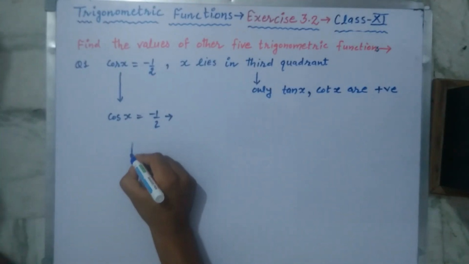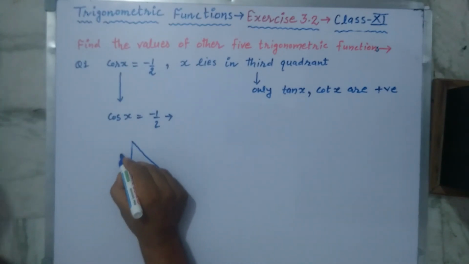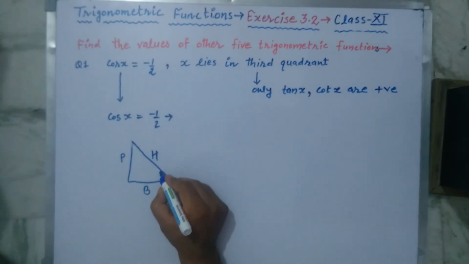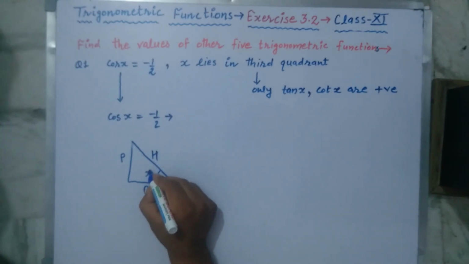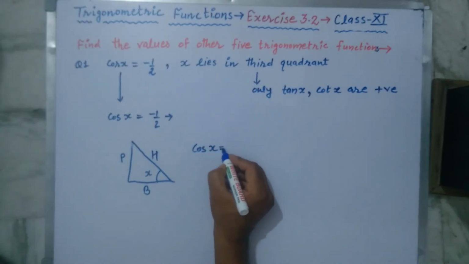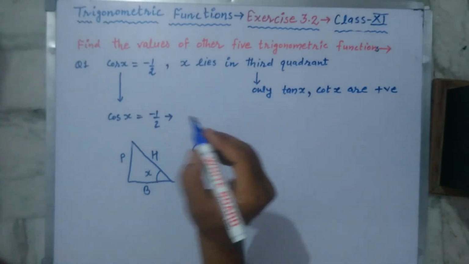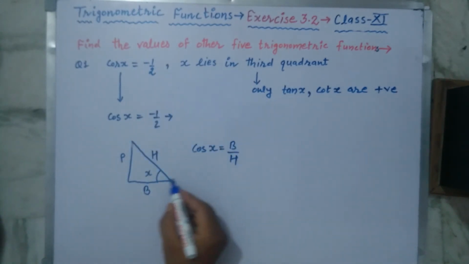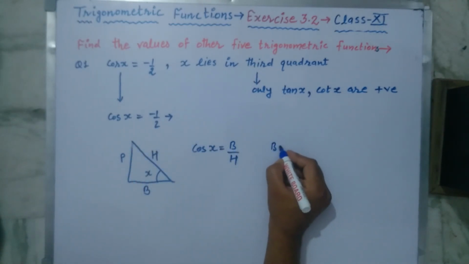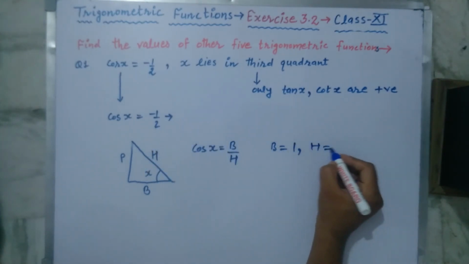In a right angled triangle, this is perpendicular, this is base, this is hypotenuse, and the base angle is x. Here cos x is equal to base upon h. According to this question, base is equal to 1 and h is equal to 2.